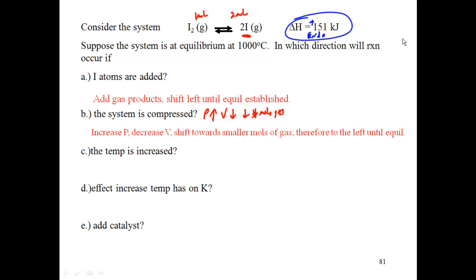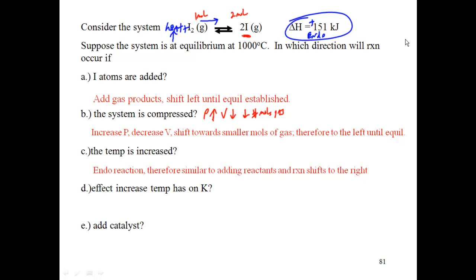So if I'm at equilibrium and I increase the heat, that's like adding more reactant. It's going to want to consume that heat and produce more products, so it's going to shift to the right until we reach equilibrium again.